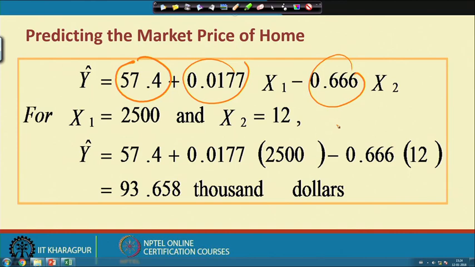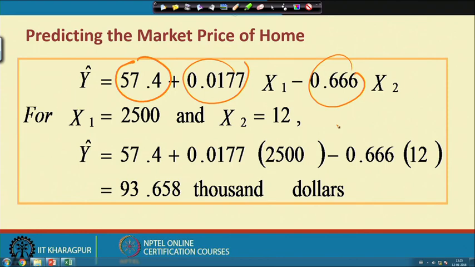So, when the building is older and older, the value of that particular price will be negatively connected. As a result the coefficient is also coming negative. So, before you start the process, you must have a theoretical expectation of what the link should be, and that needs to be validated through this data set or the samples.